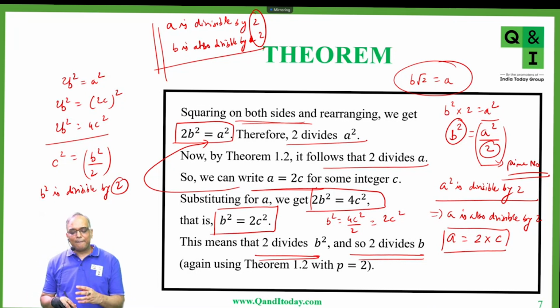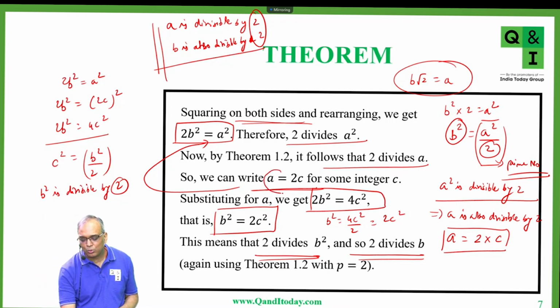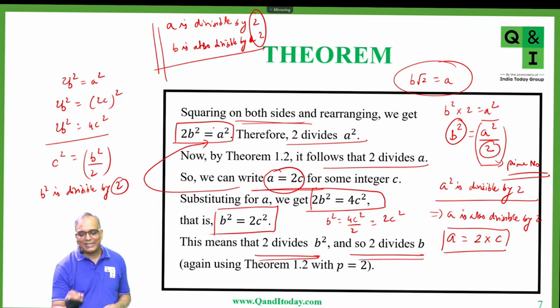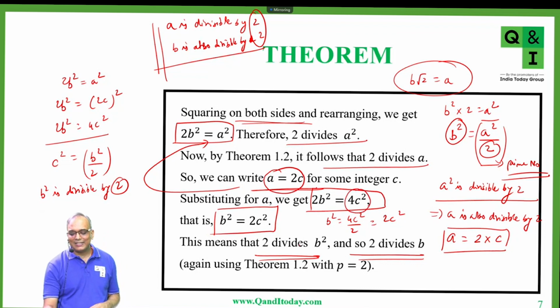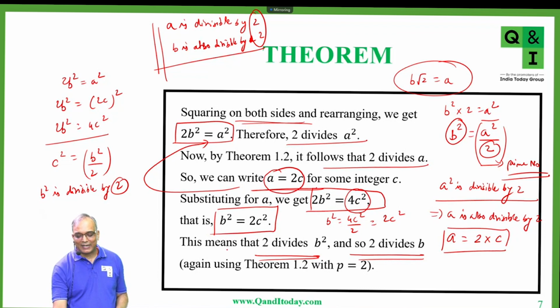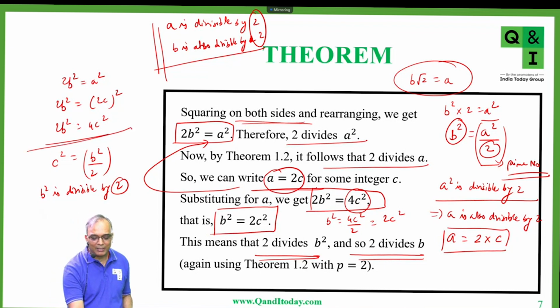Now I will replace in the equation 2b square is equal to a square. Let us replace a equal to 2c there. When I replace a is equal to 2c, we get 2b square is equal to 4 times c square. Cancelling, we get b square is equal to 2c square, or we can write c square as b square by 2.